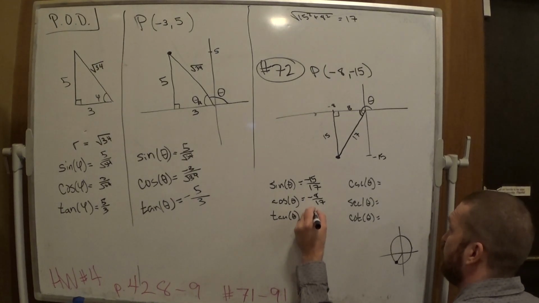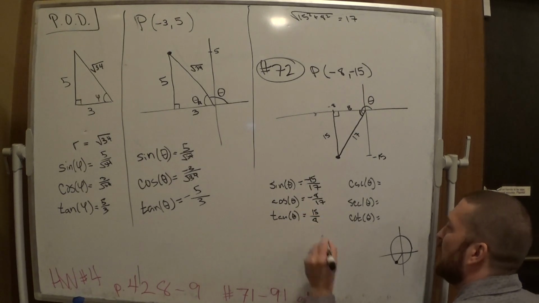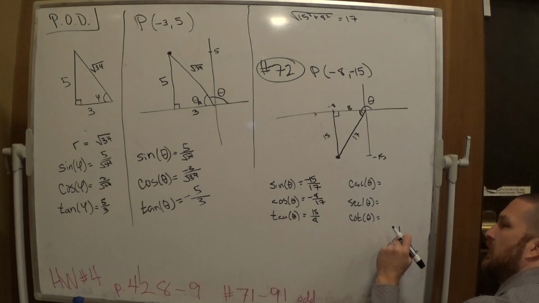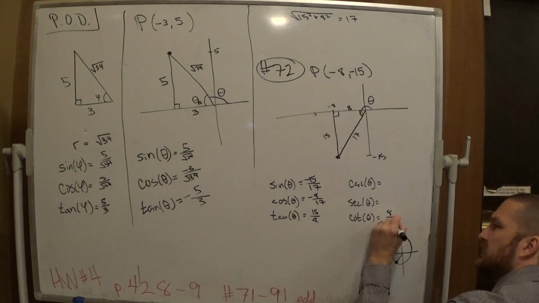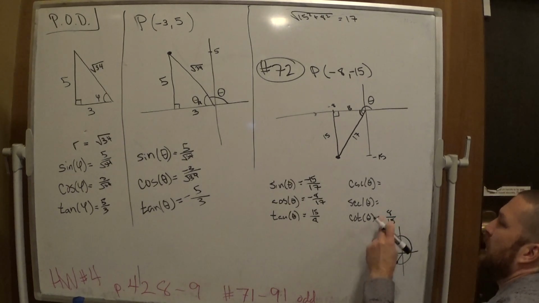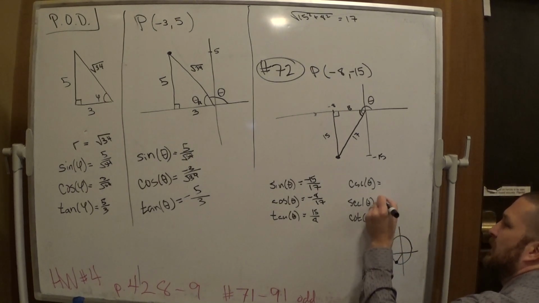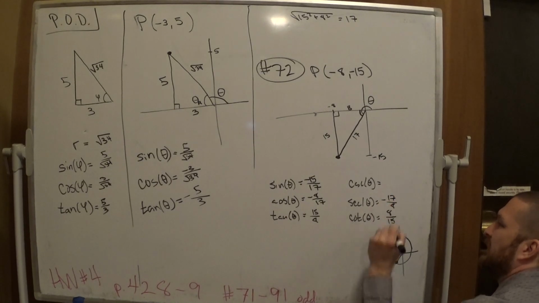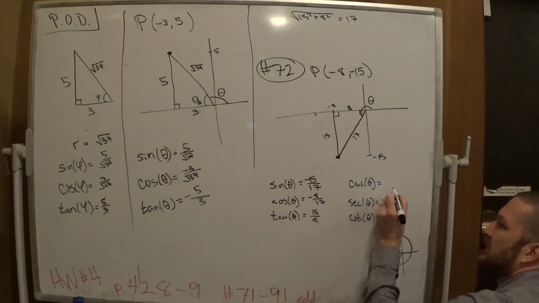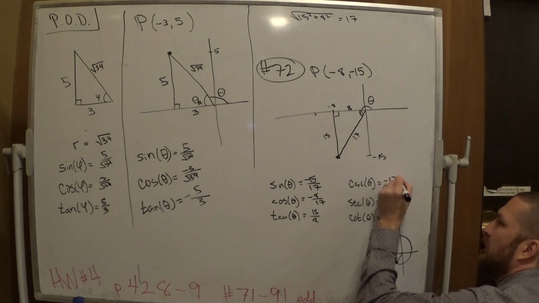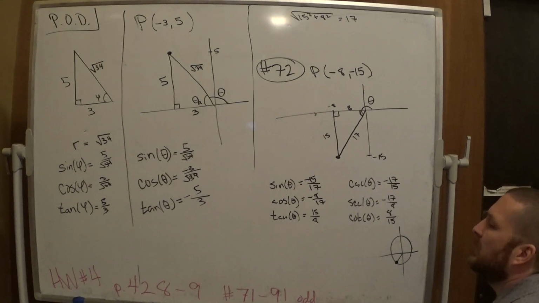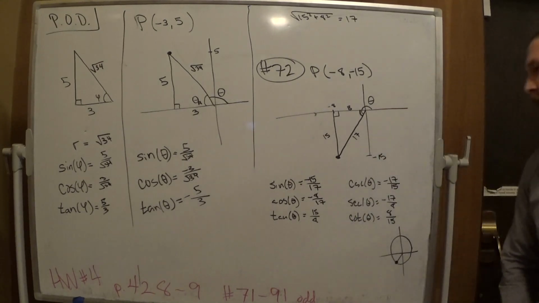Positive what? 15 over 8. So that makes cotangent what? 8 over 15. Are you sure it's still positive? Yes. Right. What about this guy? Negative 17 over 8. Are you sure it's still negative? Yep. Okay, what about this guy? Negative 17 over 15. There we go. Okay, so that's what we do.